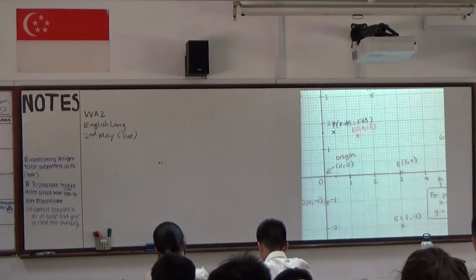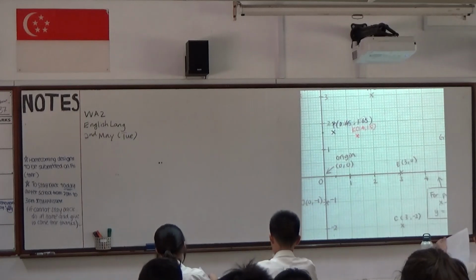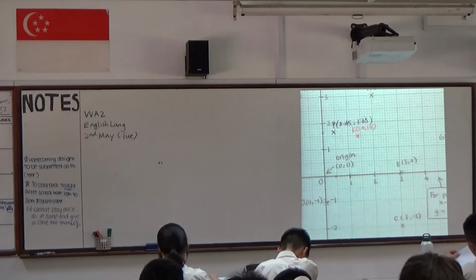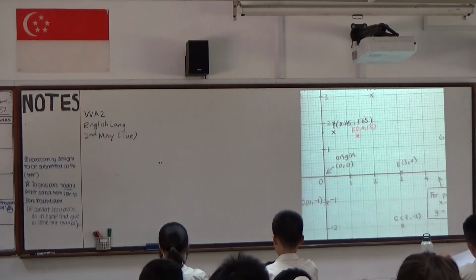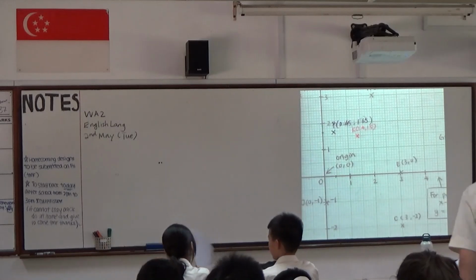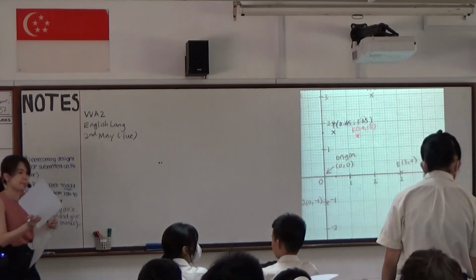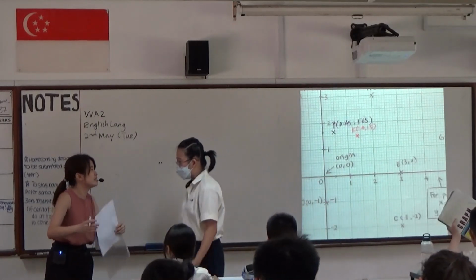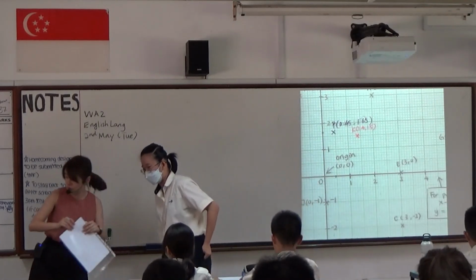Let me just write down. Ernest is not here. Okay, Joven is also not here. Who else is not here? Nobody. Yeah, I know, you told me just now. Oh, you don't have one?